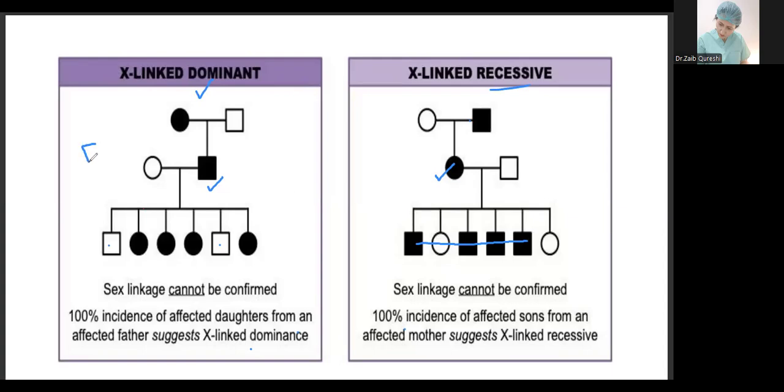That an affected father is only affecting the daughters in an X-linked dominant condition, and an affected mother is only giving the disease to the sons in an X-linked recessive condition. Learn these two formulas and you will never make a mistake in the exam. Okay?